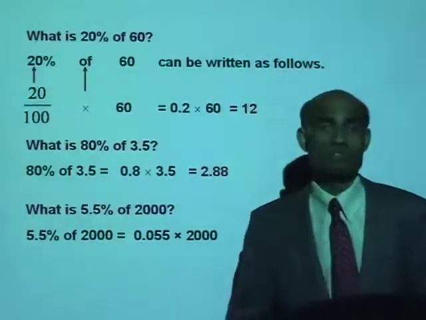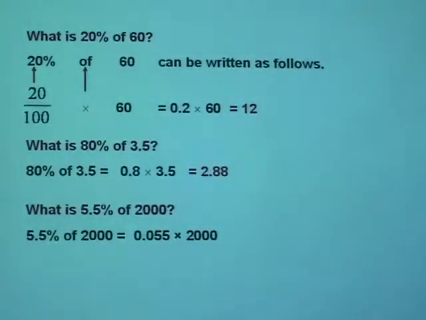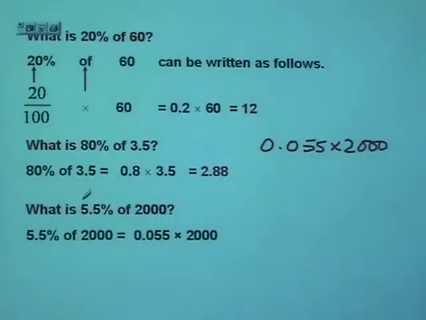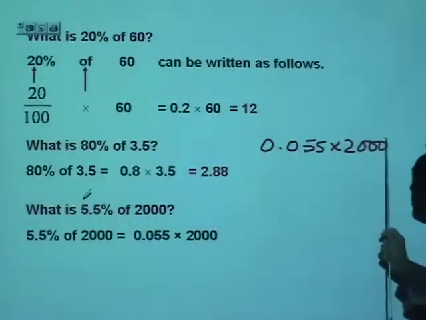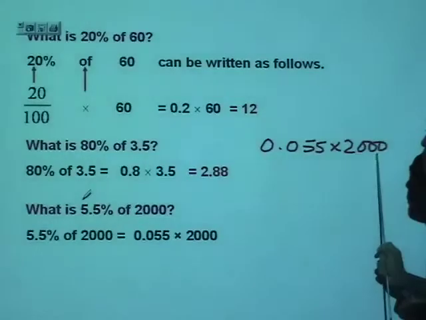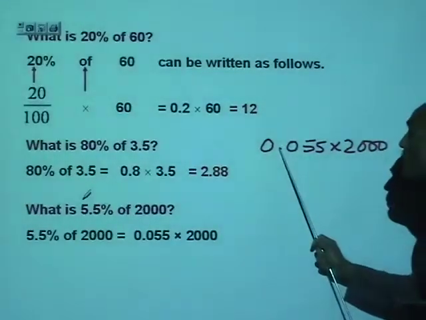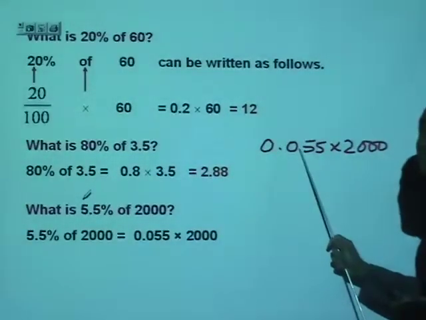Now, how would you do that without making a mistake? You have 0.055 multiplied by 2000. You see, there is a simple way to do this, and that is, you can cut a 0 from here and move the decimal 1 place to the right.